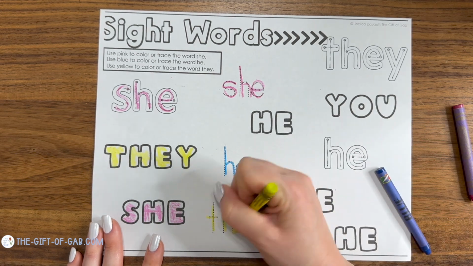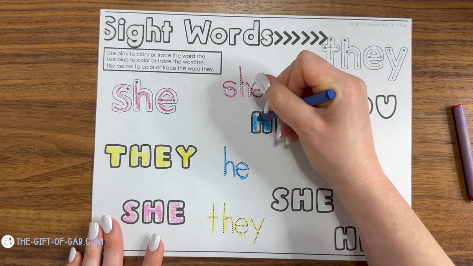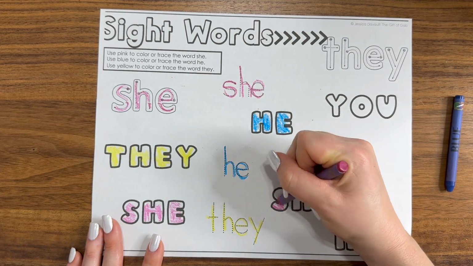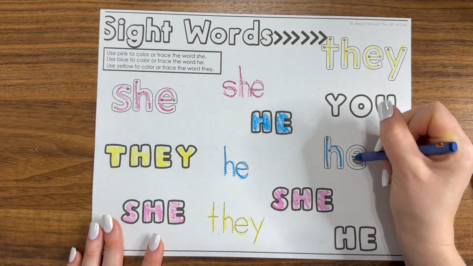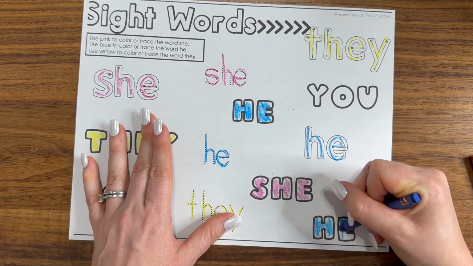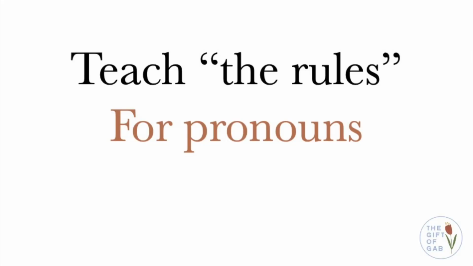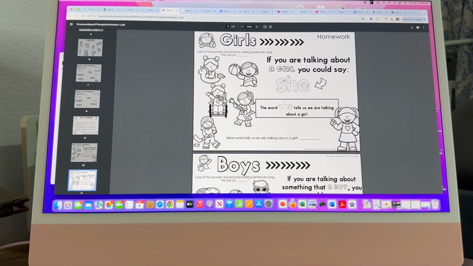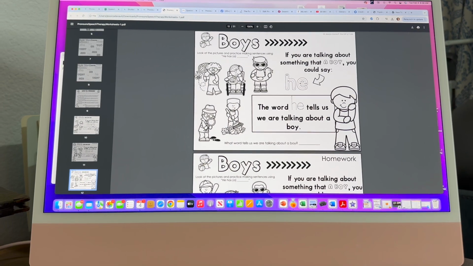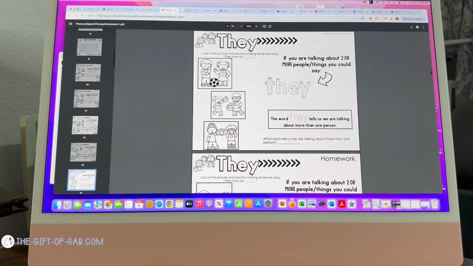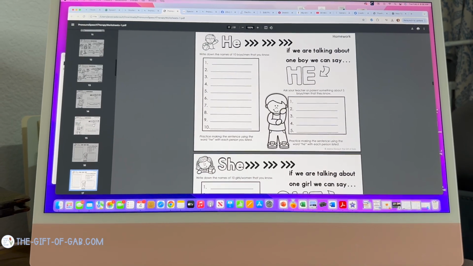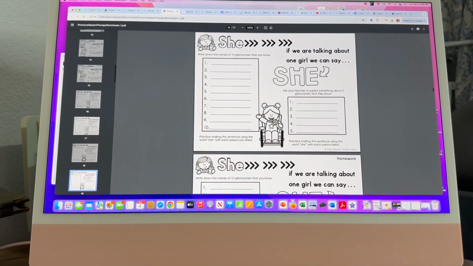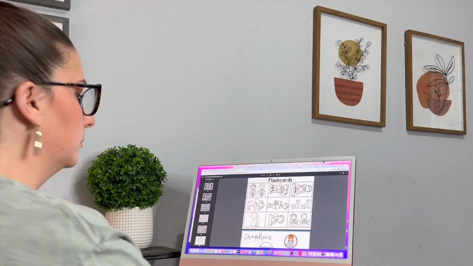I typically begin formally teaching pronouns to my speech kiddos who are in kindergarten. So I have found that this pairs perfectly with the skills that they are developing in the classroom. Next, I teach the rules for pronouns. Since I usually begin by teaching pronouns in their traditional forms, that means that I explain she equals girl, he equals boy, and they equals more than one person.